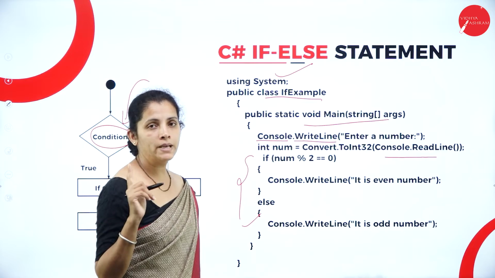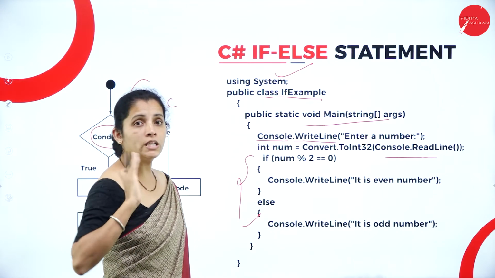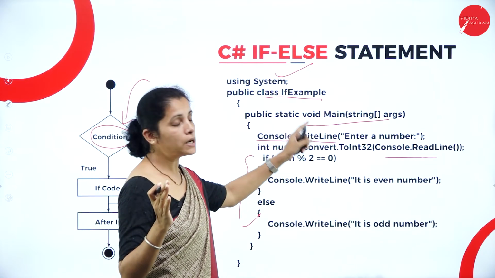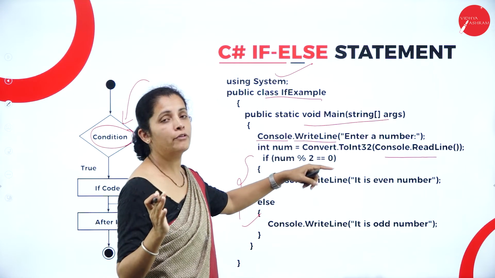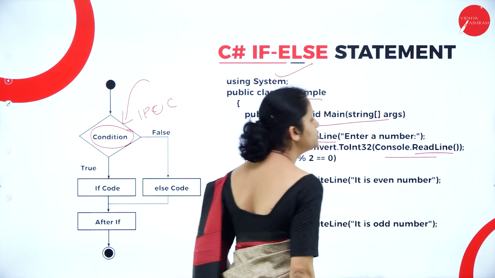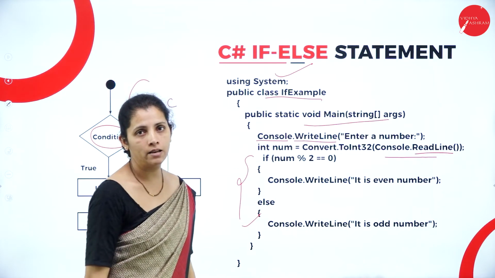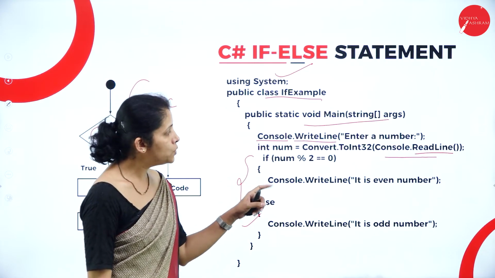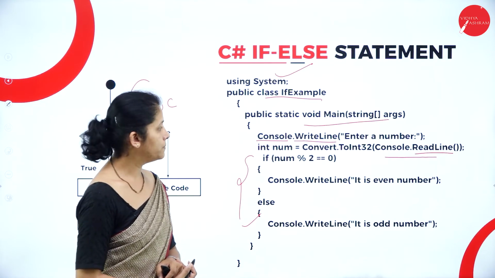Dear student, please make a note here. To display, I have the function WriteLine. But to read input from the keyboard, I have the method or function called ReadLine. With the help of Console, I'm going to invoke ReadLine.